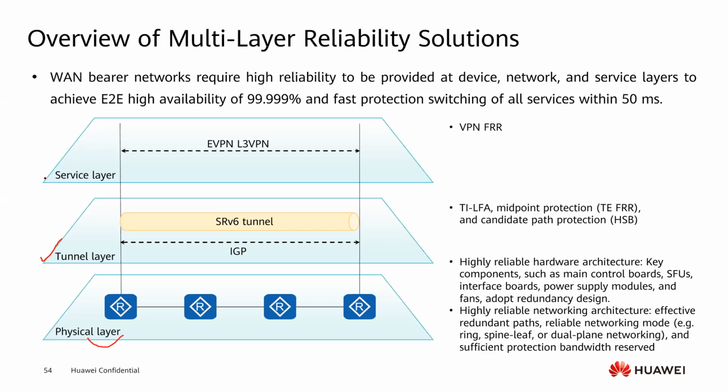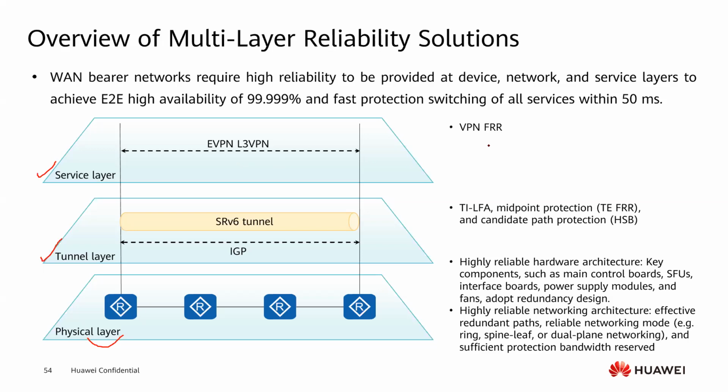And then the third layer is the service layer, which is like the VPN layer, where I use L3 VPN or EVPN to forward the VPN routes, right? So each different layer has a different type of technology to guarantee the reliability.